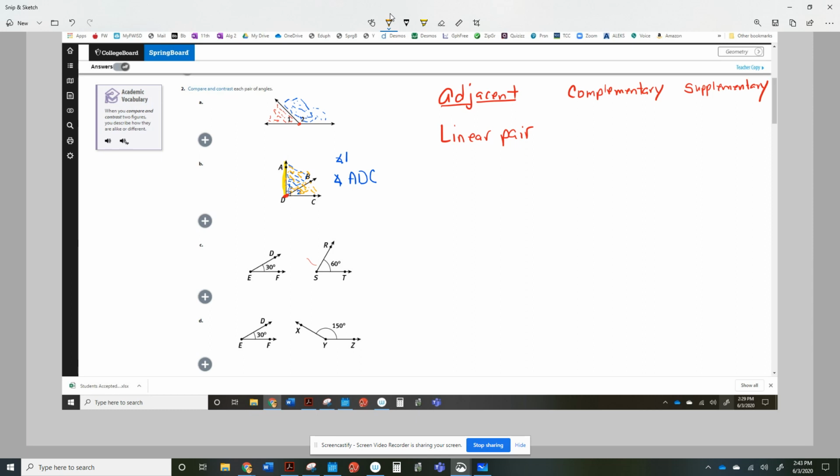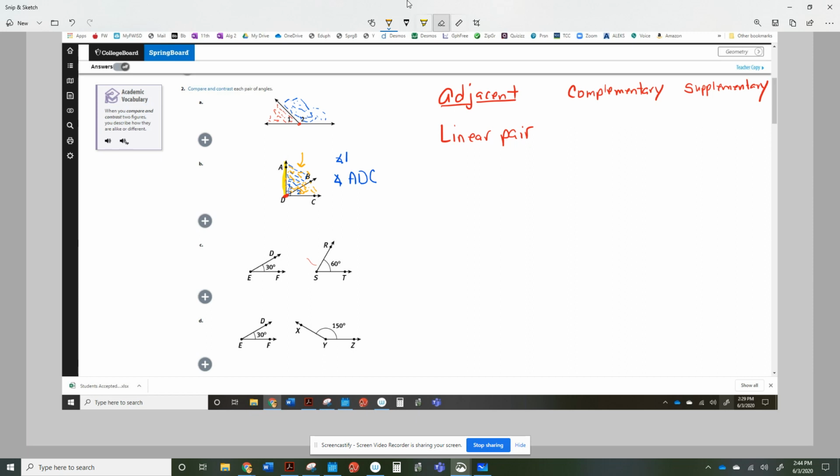And so you can see that there's this section right in here where we have both blue dots and orange dots. So that means that even though angle 1 and angle ADC have a common endpoint and they share a common side, these are not considered adjacent angles.